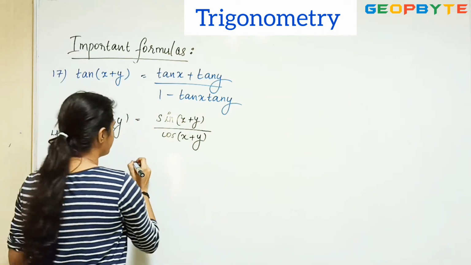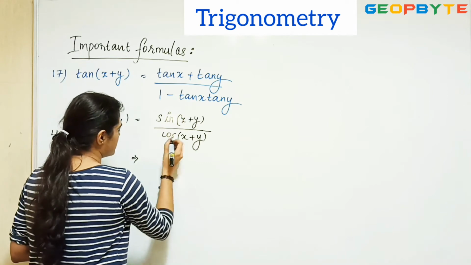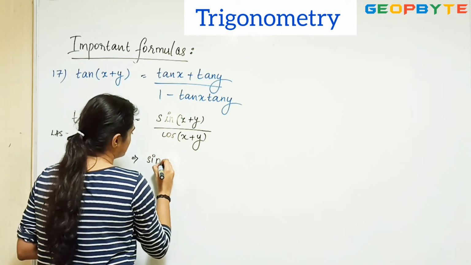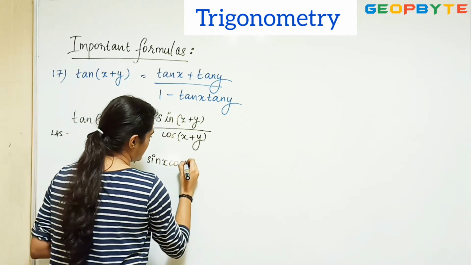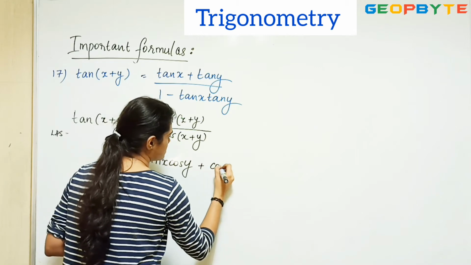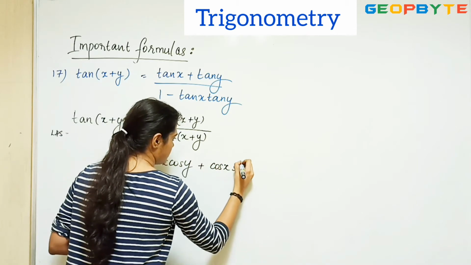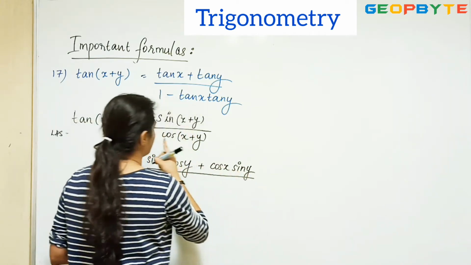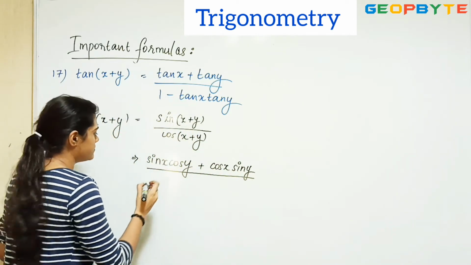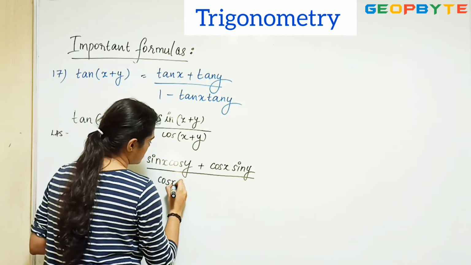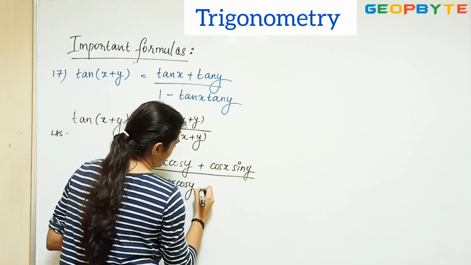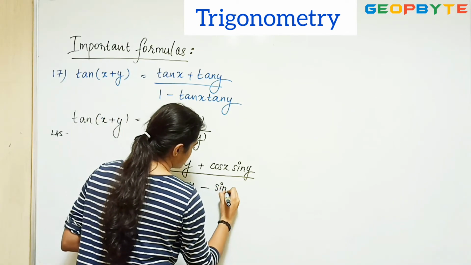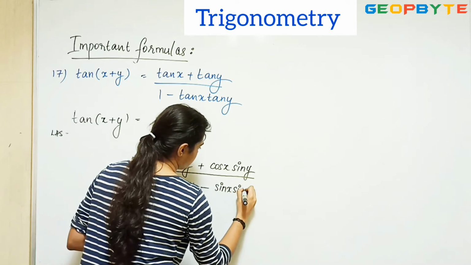So, what is sine of x plus y? Sine of x plus y can be written as sin x cos y plus cos x sin y. And what is cos of x plus y? It is cos x cos y minus sin x sin y.